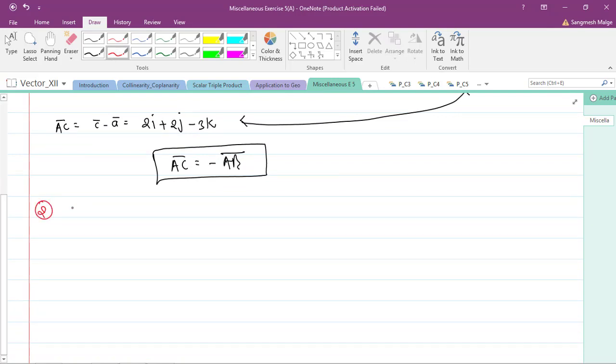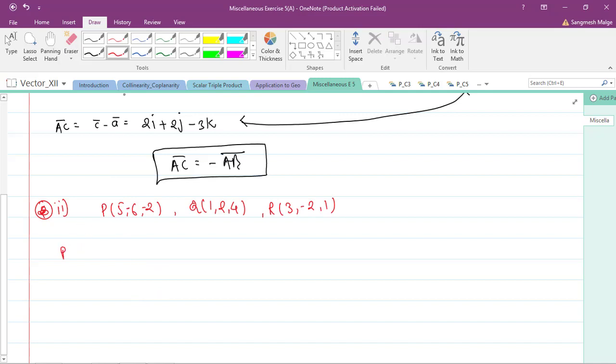The second part of the first question. The points are P(5, -6, -2), Q(1, 2, 4), and R(3, -2, 1). Let's follow the same procedure.